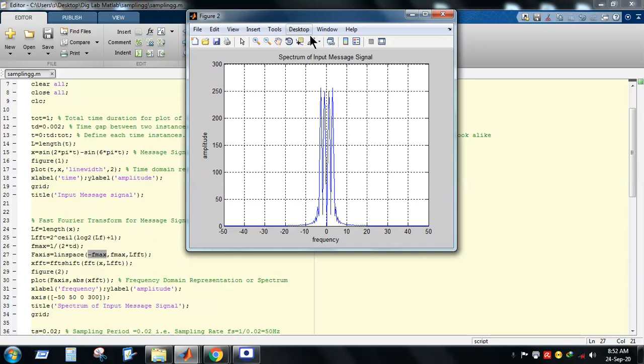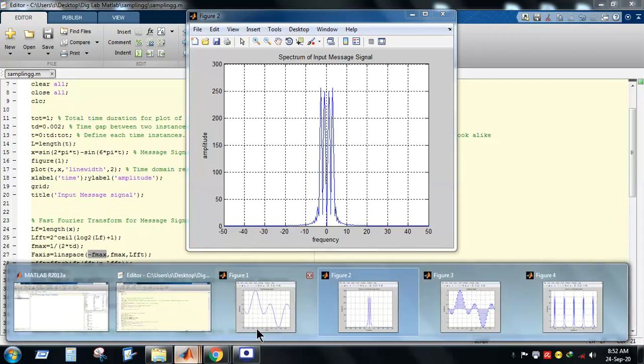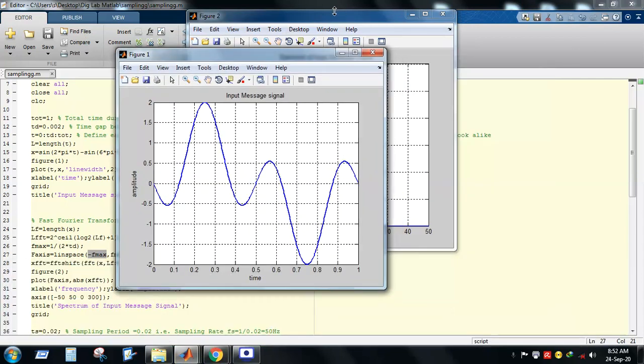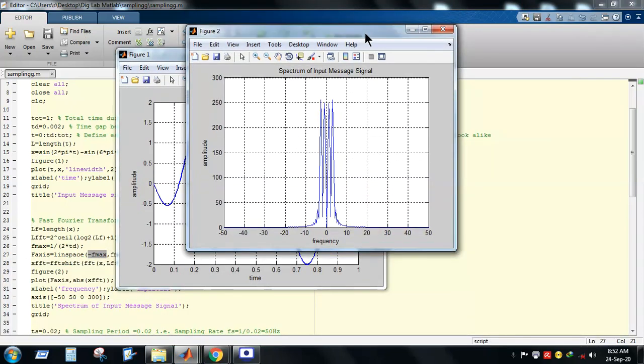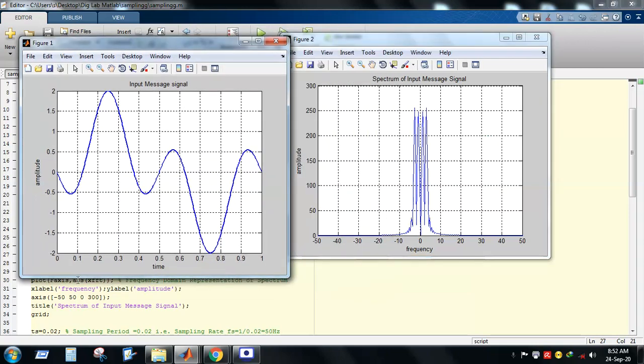During the theory class of digital communication, I already told you that a time limited signal cannot be band limited, and a band limited signal cannot be time limited. Here you can see that we have used a time limited signal, because we define x from 0 to 1 second.